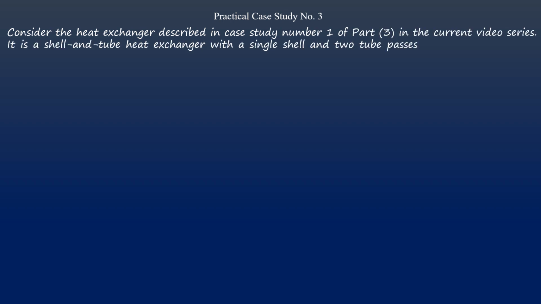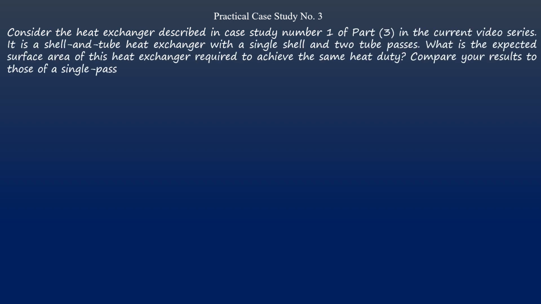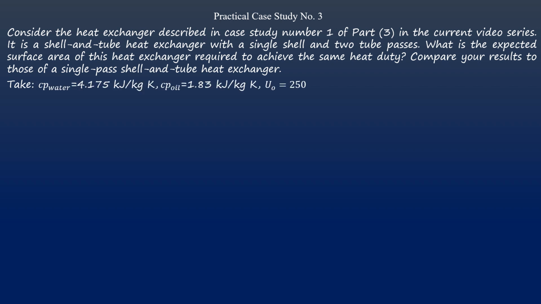Practical case study number 3. Let us consider the information related to the operating conditions of case study number 1 in part 3 in the previous part, and let us use that information in a shell and tube heat exchanger with a single shell, and let us consider the heat exchanger is composed of two tube passes.